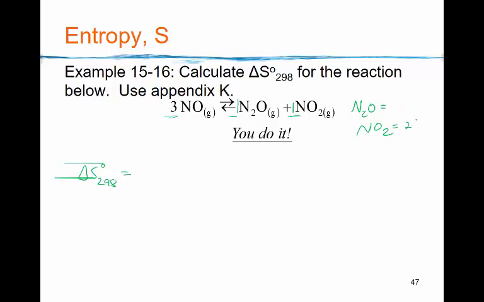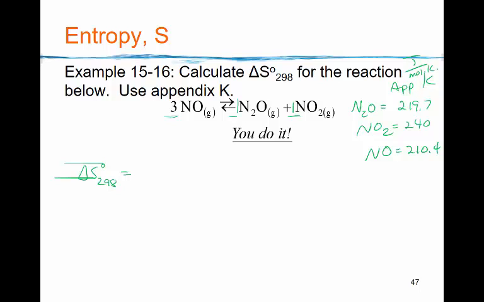NO2 is 240. And N2O is 219.7. Again, these are from where? Appendix K. And then NO is 210.4. Okay, and those are all joules over mole K, remember.